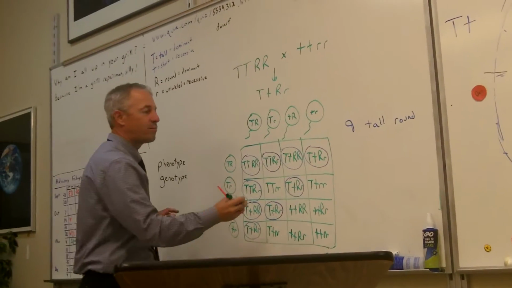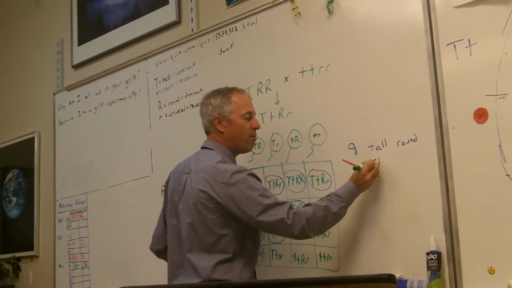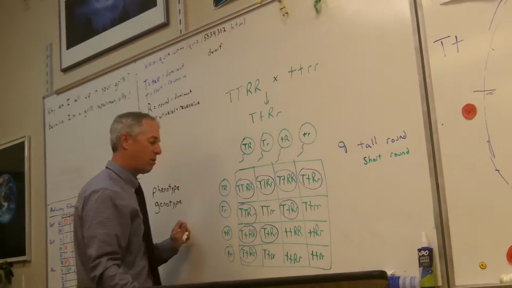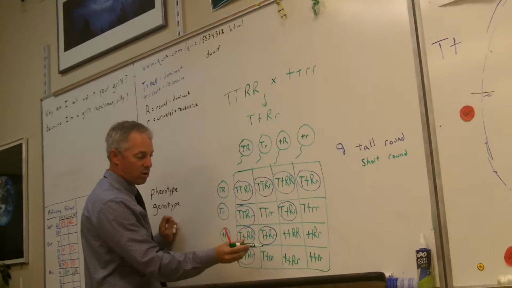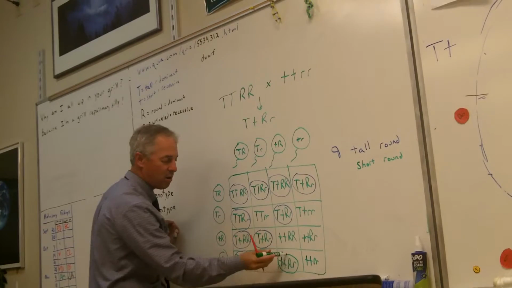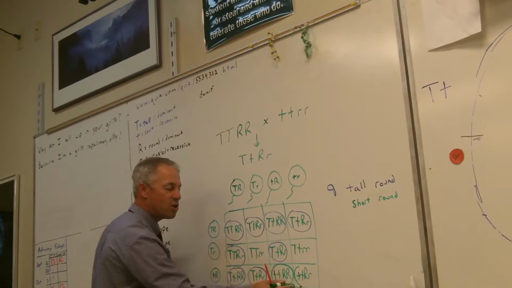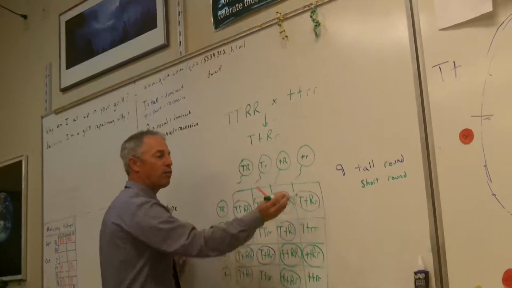How many short round? 1, 2, 3. 3 short round.